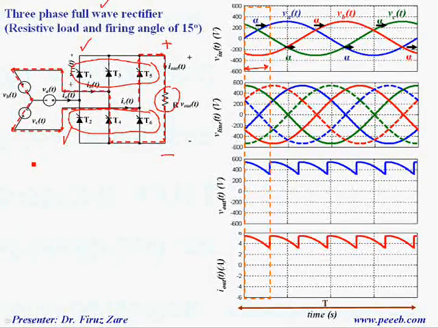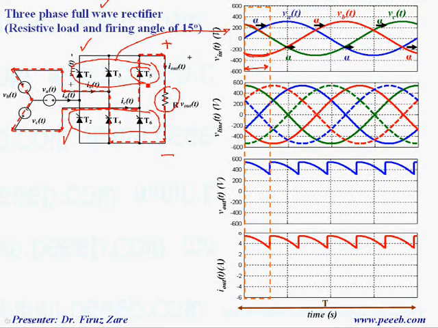In this case, if you look at the output voltage, suppose phase C is greater than other phases and already conducts, and phase B is lower than other phases. So phase B conducts. That means in the upper set, which thyristor can be turned on?